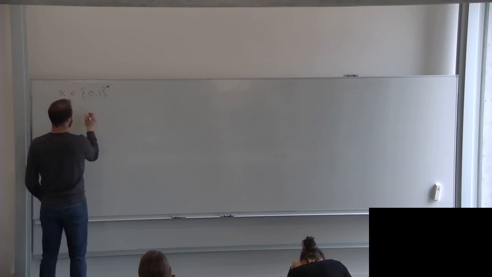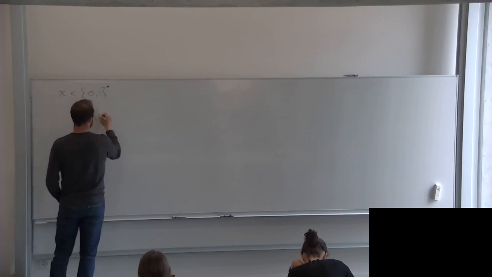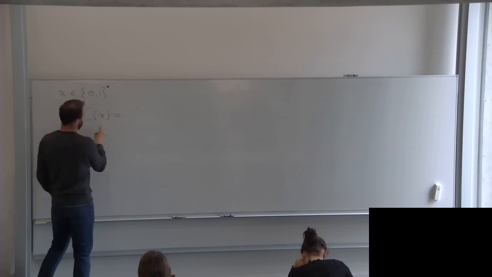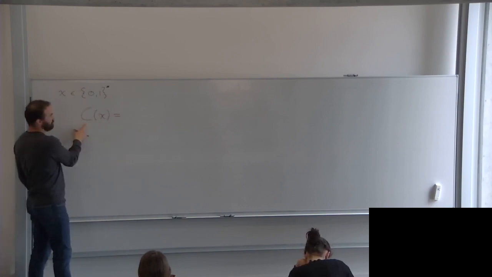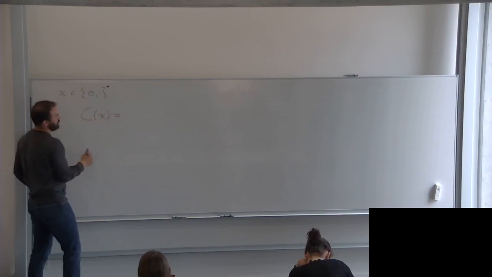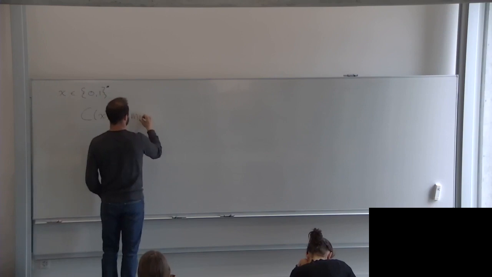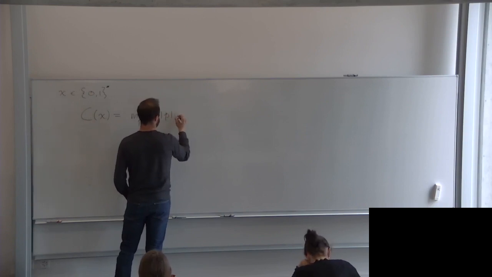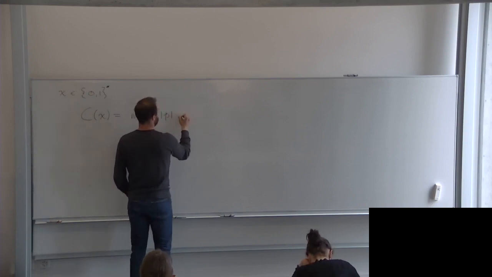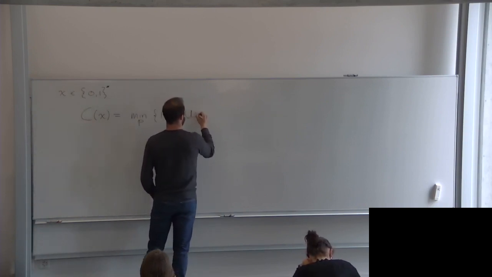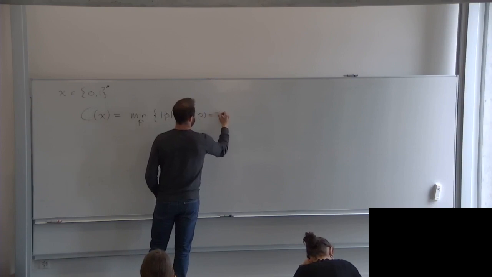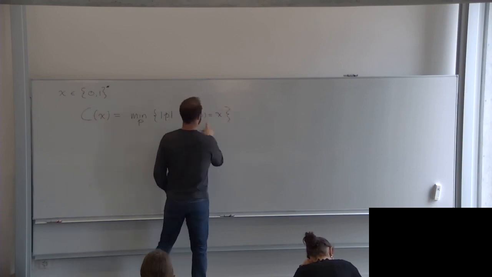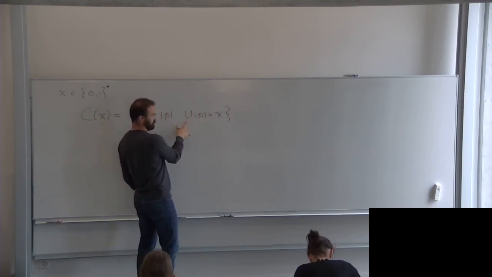And we defined C of X, the algorithmic complexity of the string X, as the minimum over all programs of the length of the program. And it's not any program, it's a program for X. Namely, if you give that program to the universal Turing machine, it produces X.